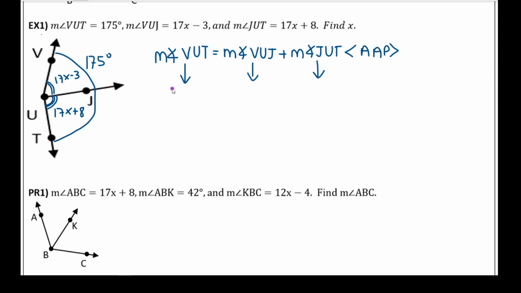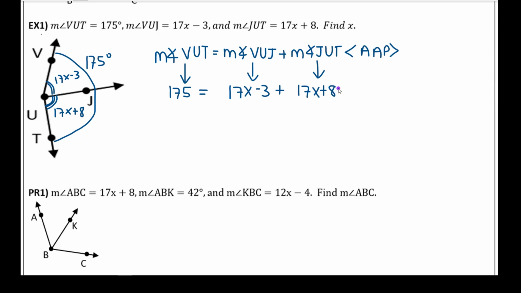So angle VUT is 175. The measurement of VUJ is 17x minus 3 plus the measurement of JUT is 17x plus 8. Now we're going to solve the equation. The first step of solving an equation is to eliminate parentheses.